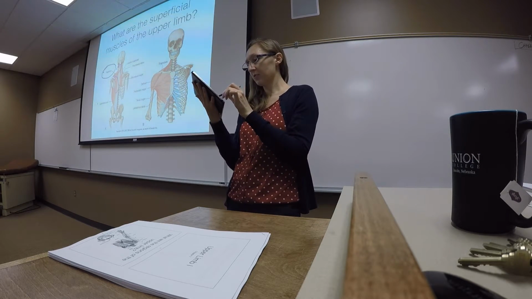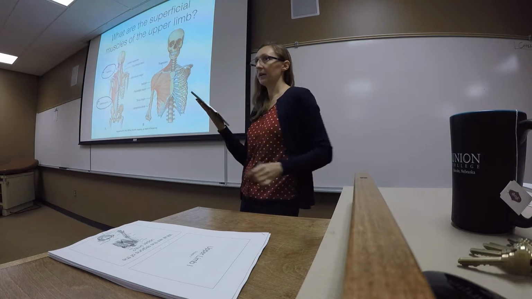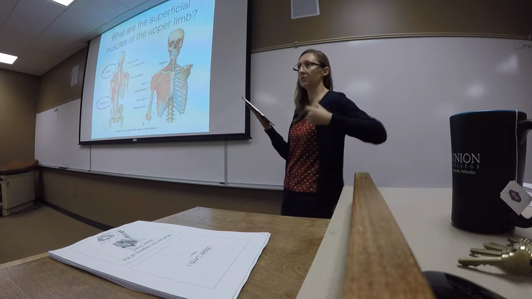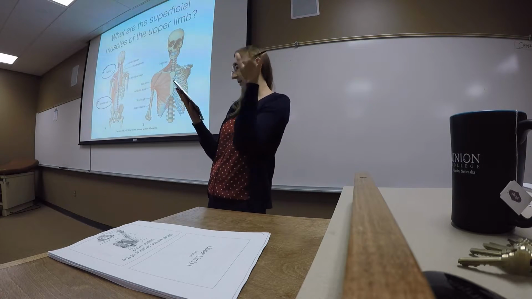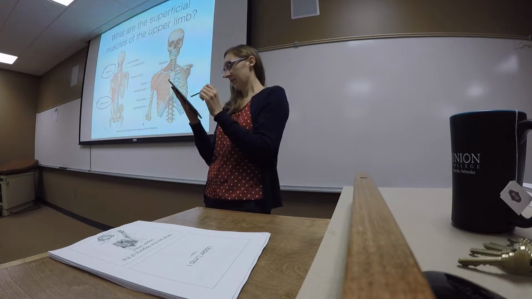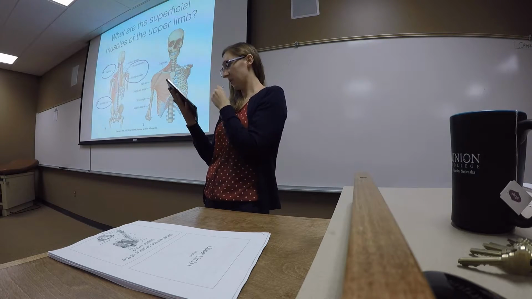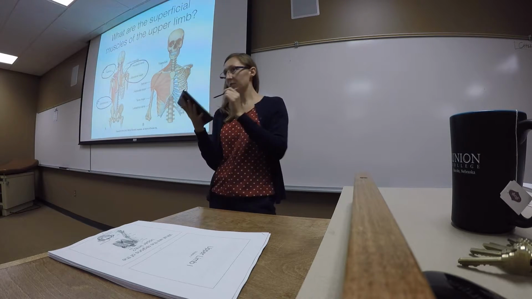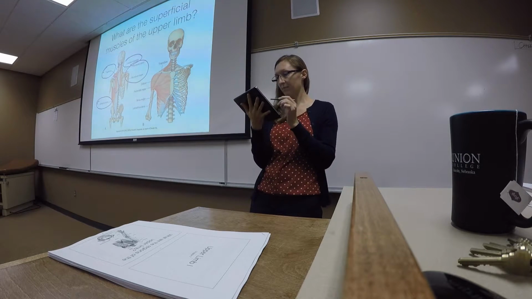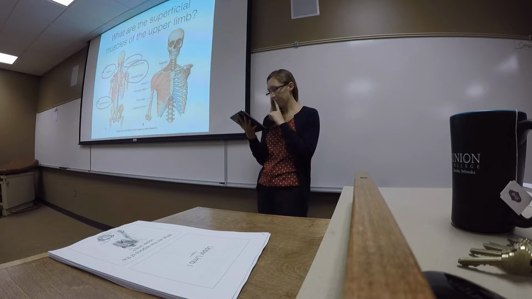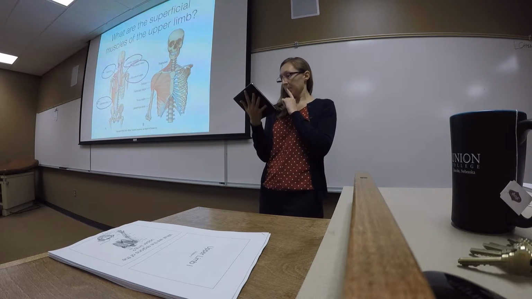Remember, the latissimus dorsi is important for extension of the shoulder joint, medial rotation, and adduction. Again, we'll get into this more later. The rhomboids, rhomboid major and minor, are involved in retraction of the scapula, and levator scapulae is involved in elevation.